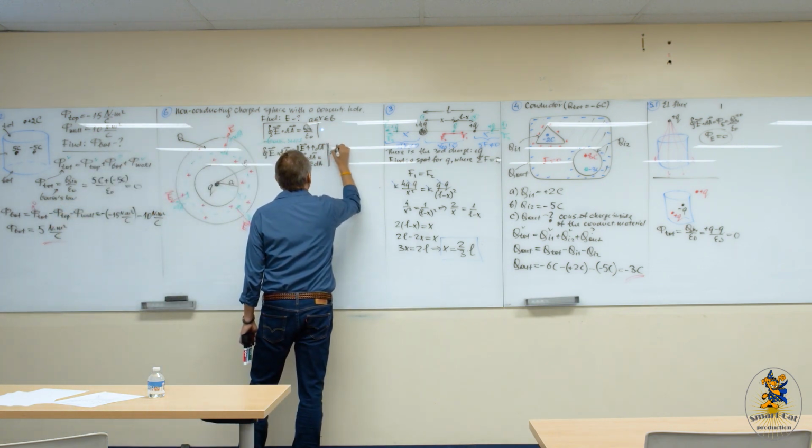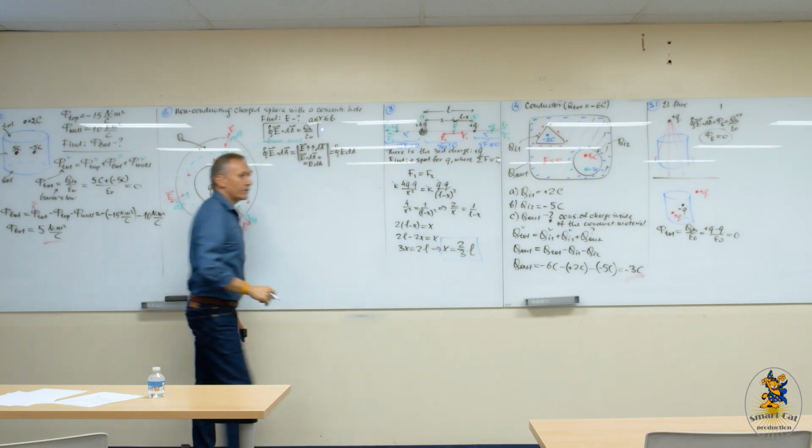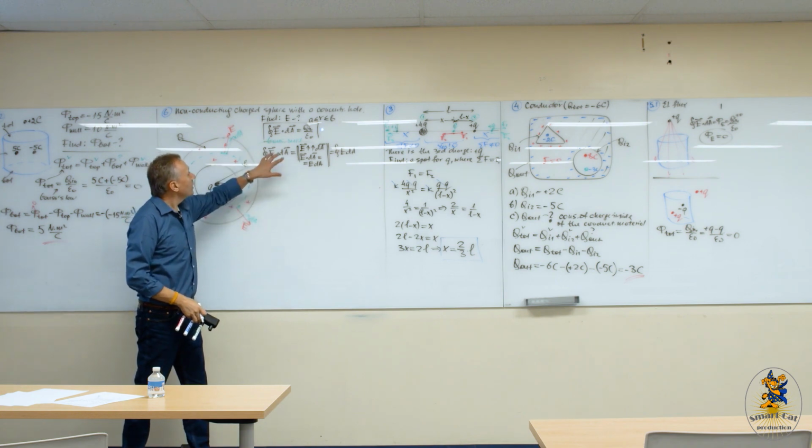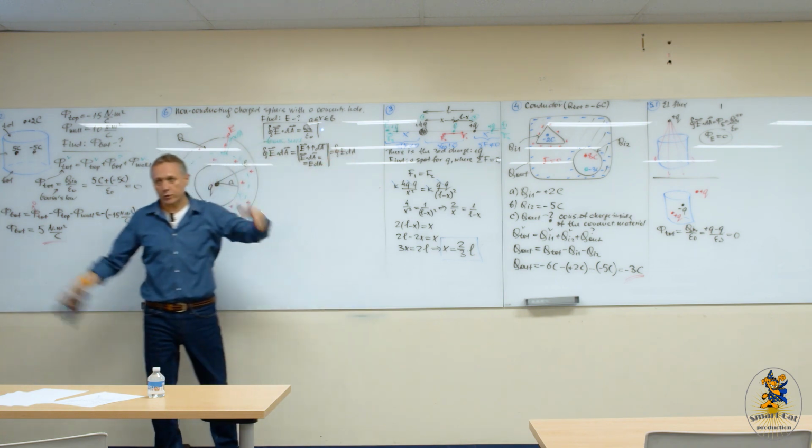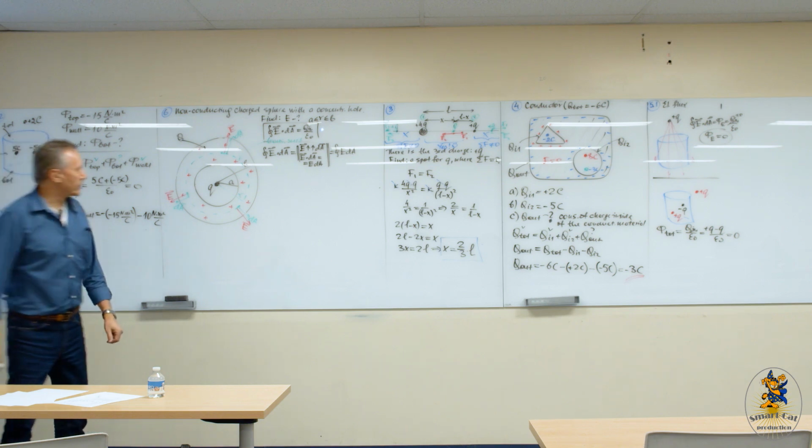Right, so it's the integral over the Gaussian surface of E dA. Again, what's the achievement? Here we had vectors, now we have magnitudes. So now we don't care about their direction.